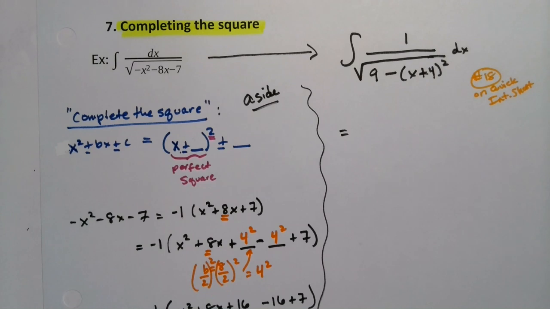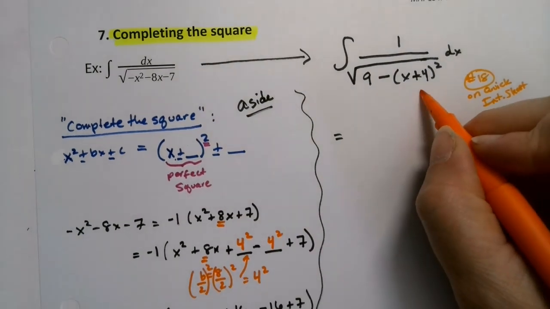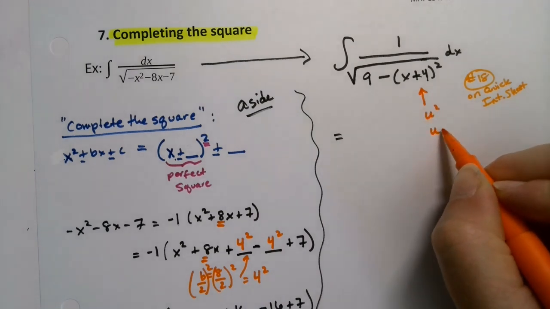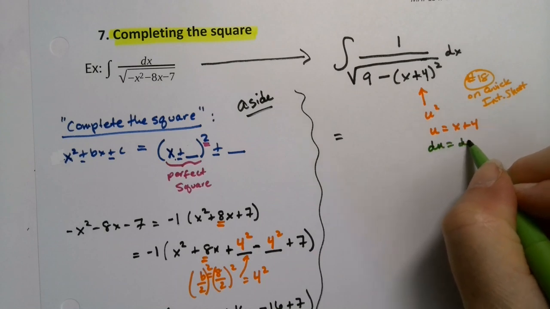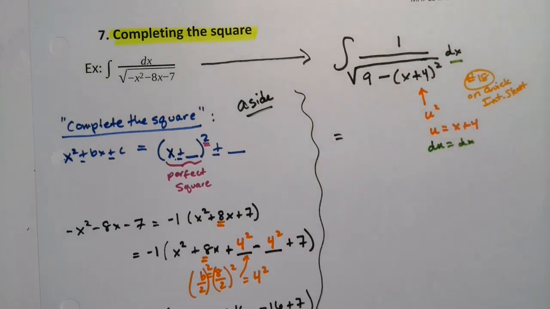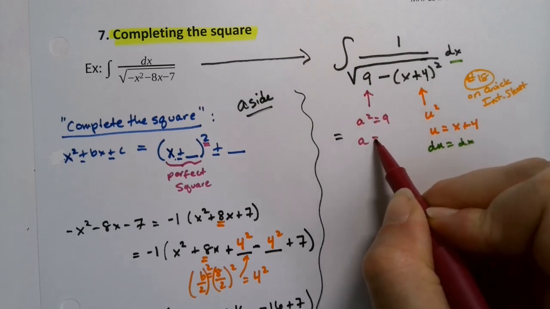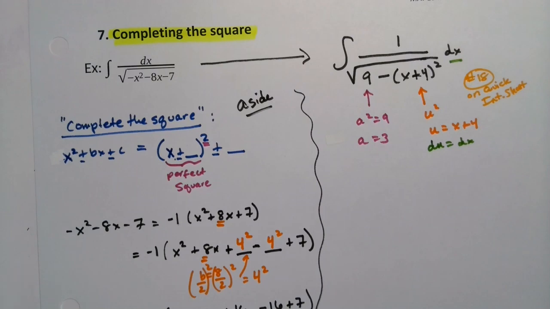Okay, so if you look at rule number 18, it needs an a and it needs a u. U, this is u squared, so u is x plus 4. Du would be dx, so no problem there. And then a squared is 9, so a is equal to 3. And that's all you basically have to do, because the formula will take care of it.